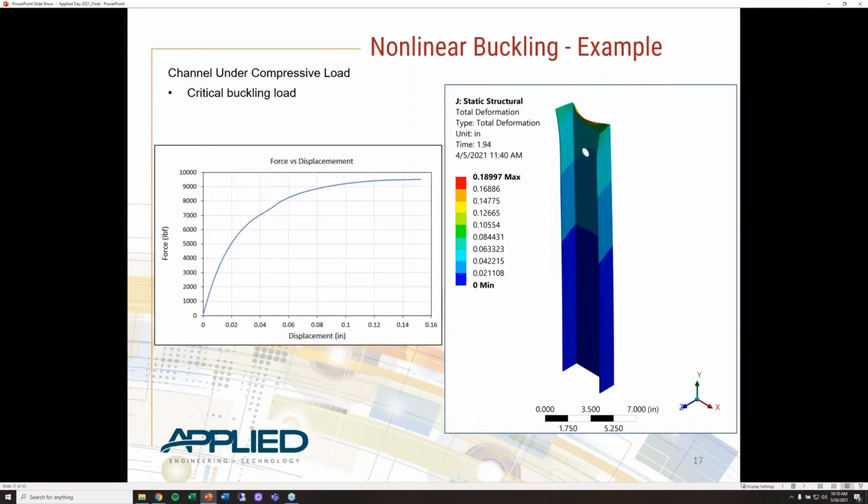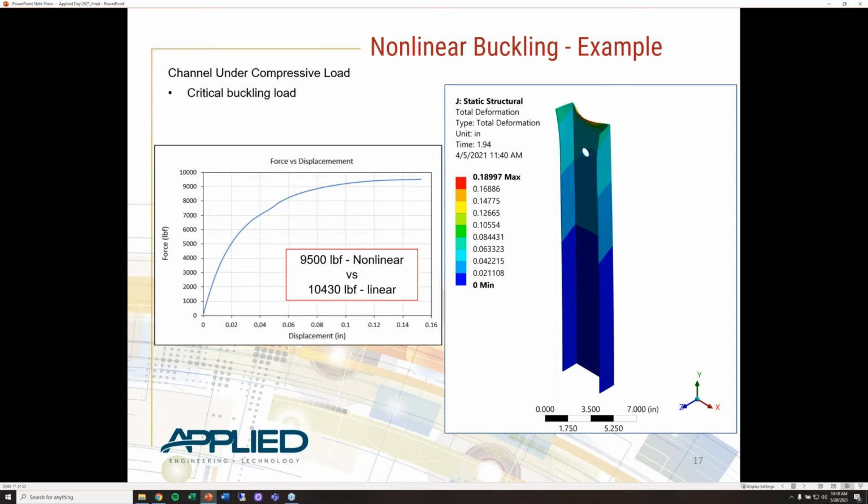When we move into nonlinear buckling, where we're taking into account all the nonlinearities of the material and deformation, we're going to generate this force versus displacement curve, and we can see that this is not linear. Okay, and this force versus displacement curve is leveling off at about 9,500 pounds.